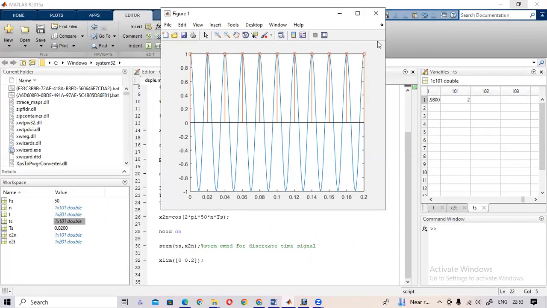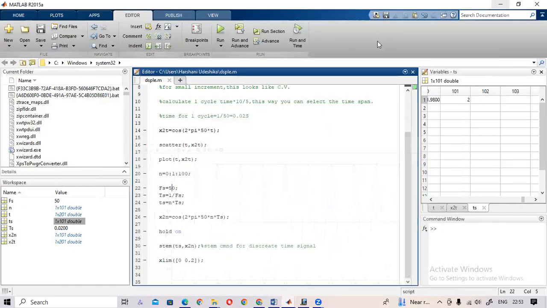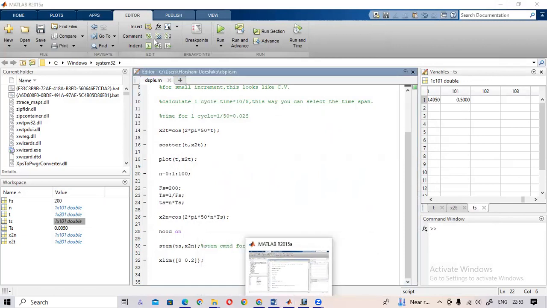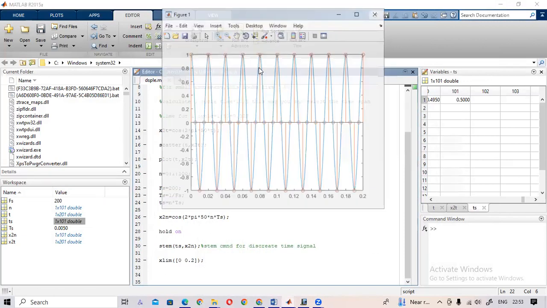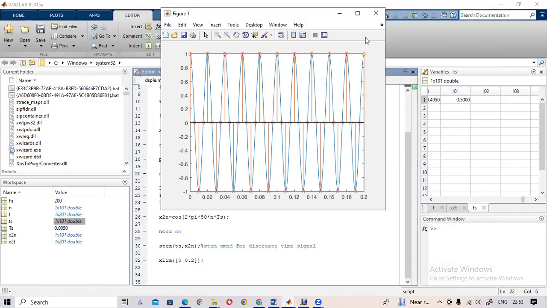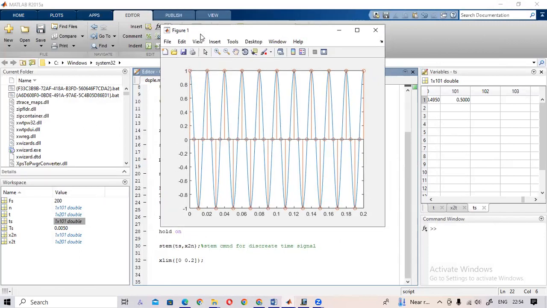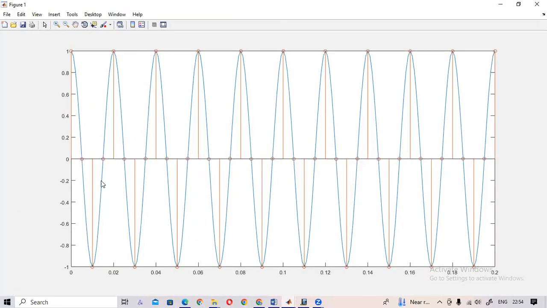So if you want to regenerate a good signal, you need to increase the sampling frequency. For example, if you increase the sampling frequency very high, now you can see that one sample here, one sample here, one sample here, and so on.